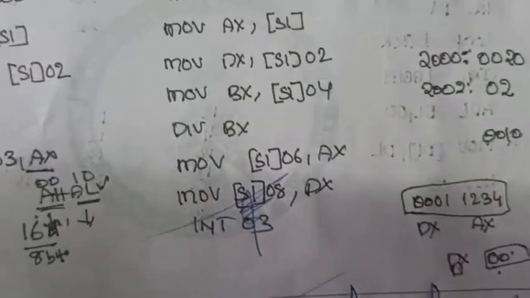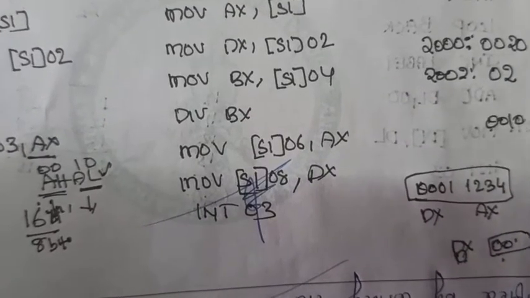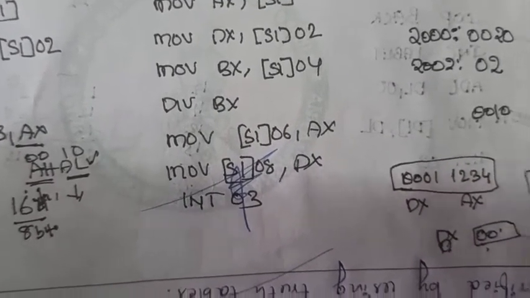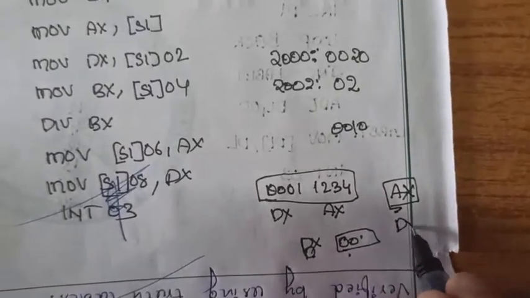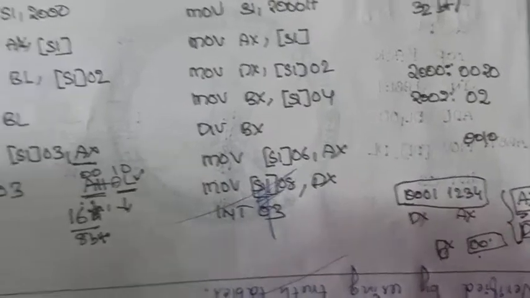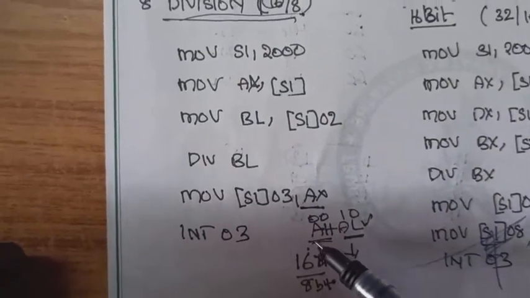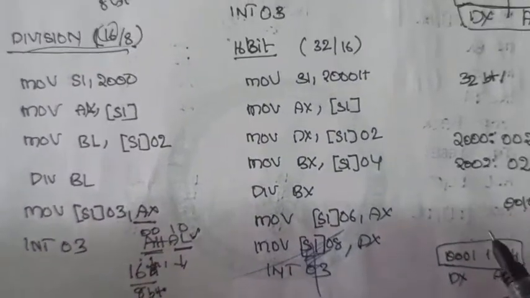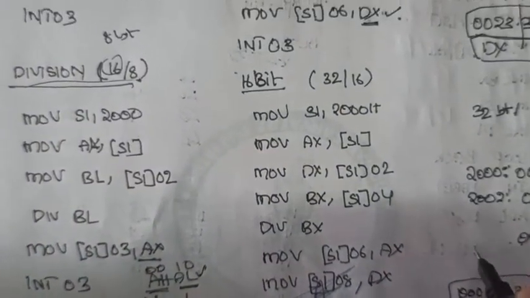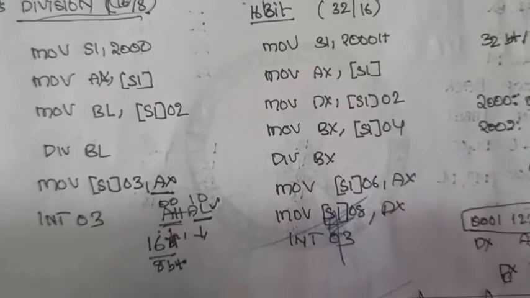After this, the quotient will be stored in the AX register and the remainder will be stored in the DX register. These are the points to be remembered. In 8-bit division, the quotient is stored in AL and the remainder is stored in AH. In 16-bit division, the quotient is stored in AX and the remainder is stored in DX.